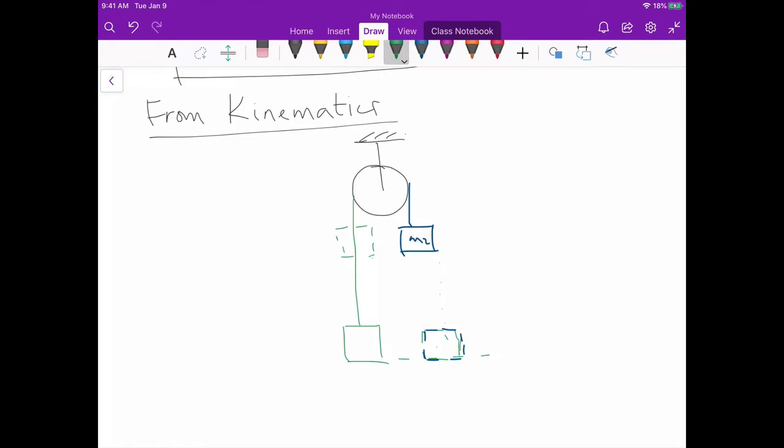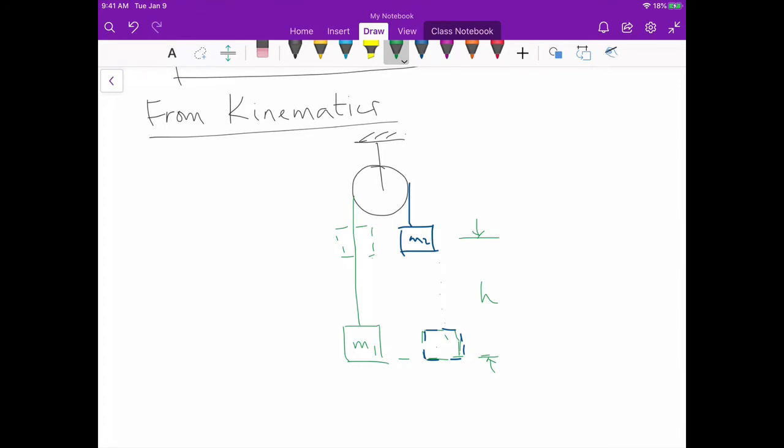If you time the process, you can also measure the height, this height, which is how much distance m2 traveled from the beginning to the end.